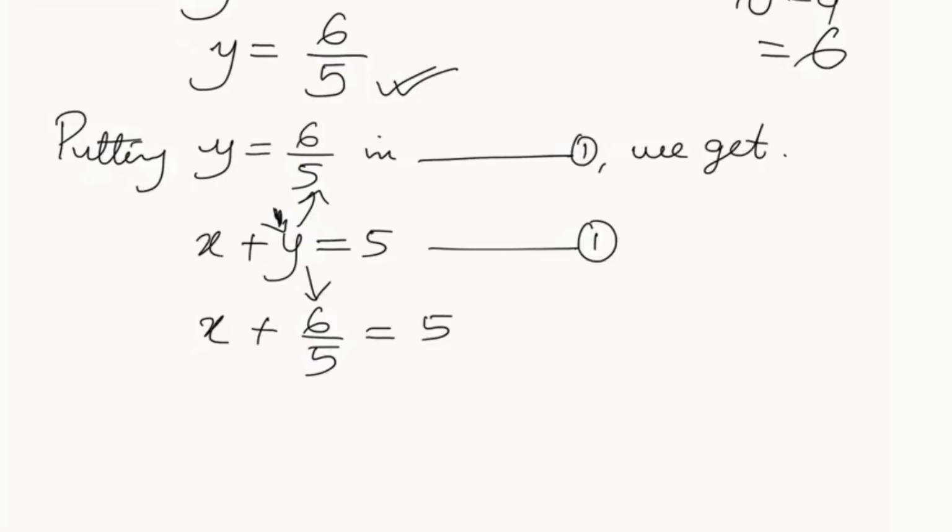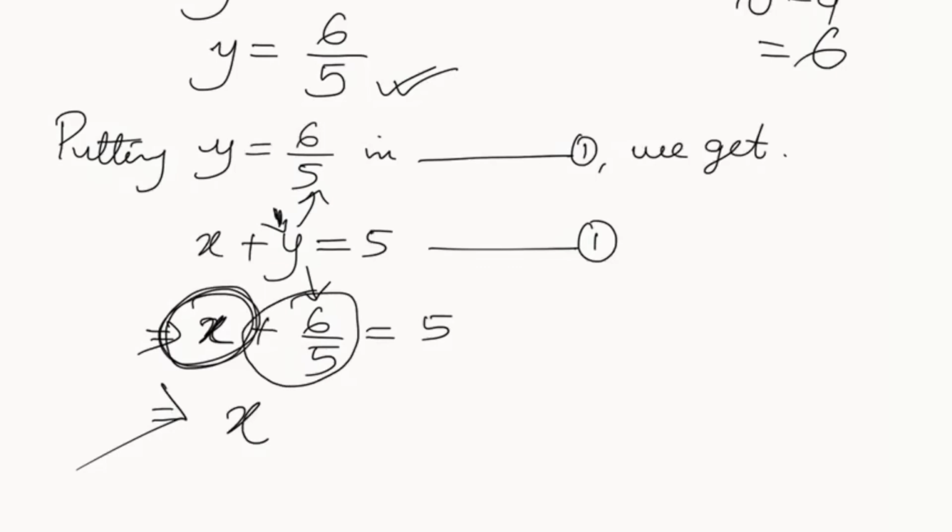We want to find the value of x, so in the next step we leave x here, and this plus 6 by 5, we move to this side, equals 5 minus 6 by 5. Why minus here? Because this is plus. When it comes over this side, it becomes minus.